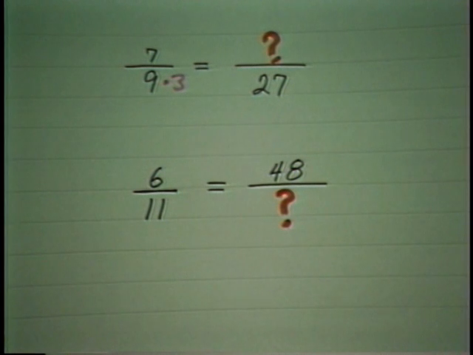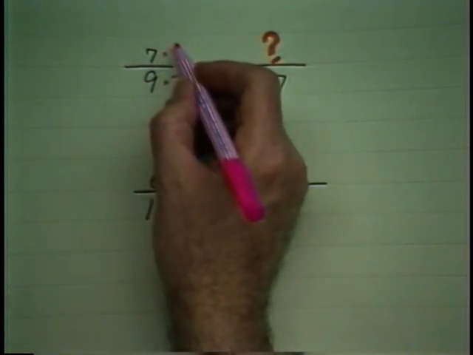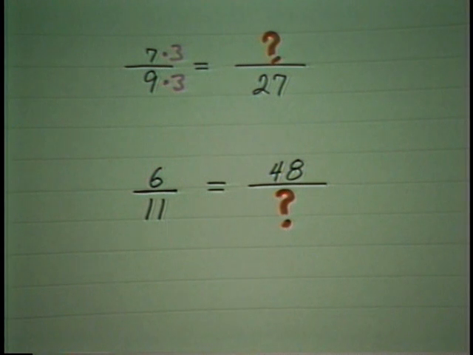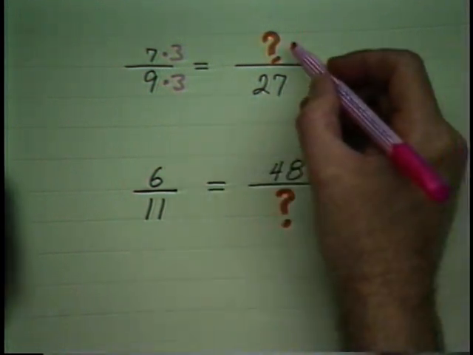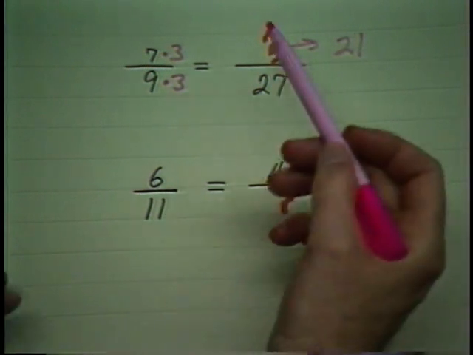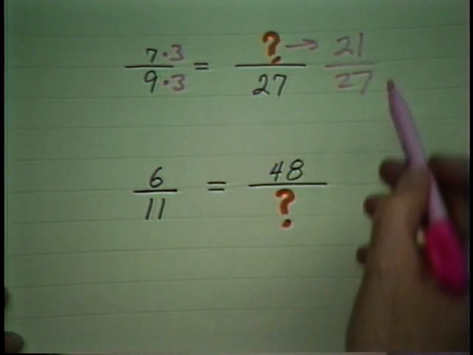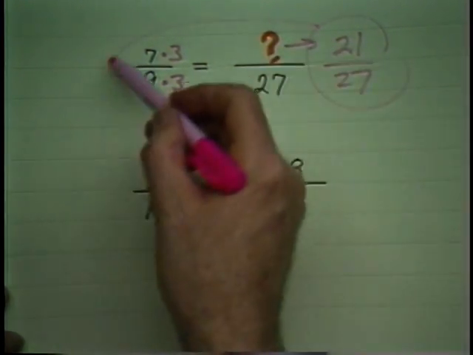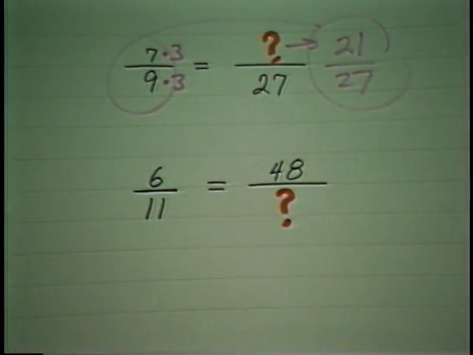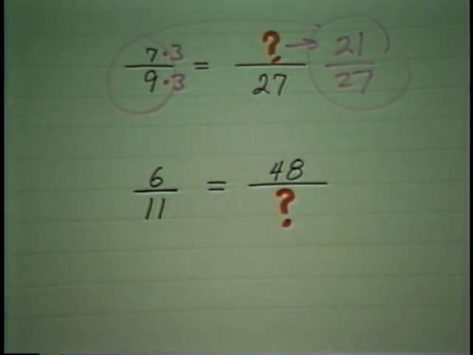But the fraction building law says you may multiply the bottom by anything, providing you multiply the top by the same thing. So my fraction 21/27 is equivalent to 7/9. It has the same value even though it changes its form.